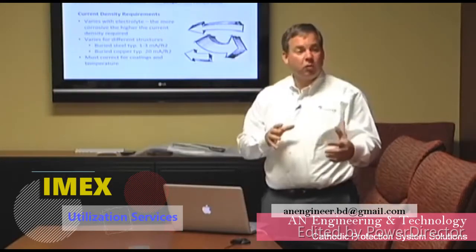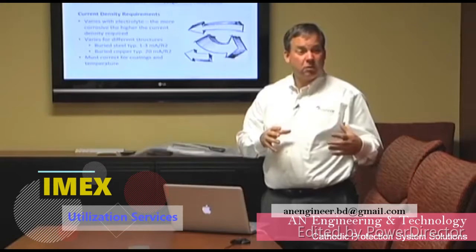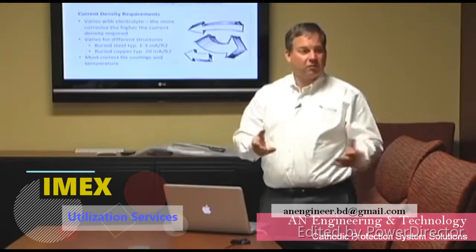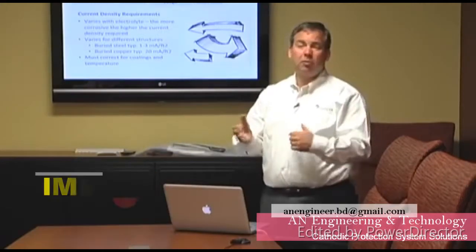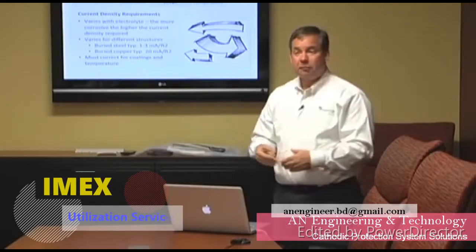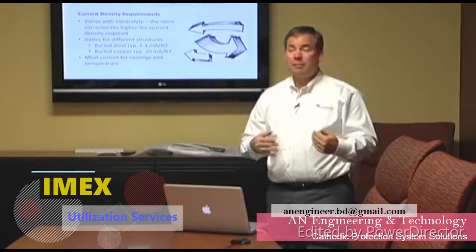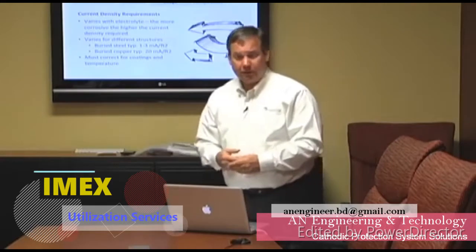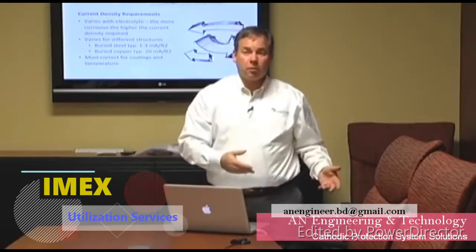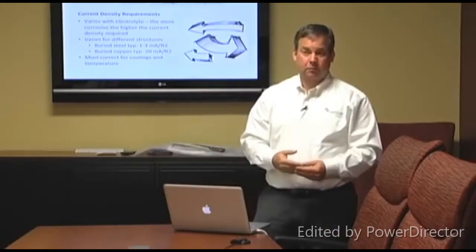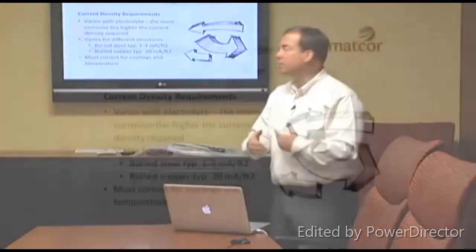If it's really corrosive soils, very low resistance, wet soils with lots of salts in them, like you'd get on the Gulf Coast or marshy areas, you might need to go up to 3 milliamps per square foot. If you've got steel in seawater, it might be 10 milliamps per square foot. If it's steel in seawater that's really warm, you might want to go more than that. Okay, so we come up with these guidelines.